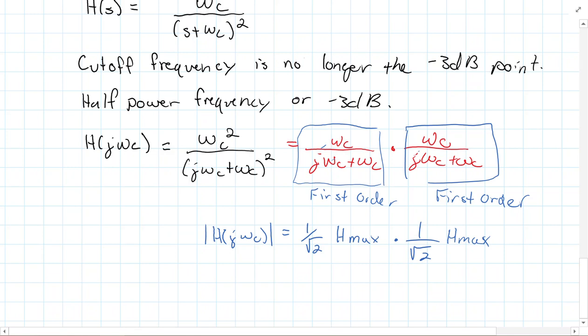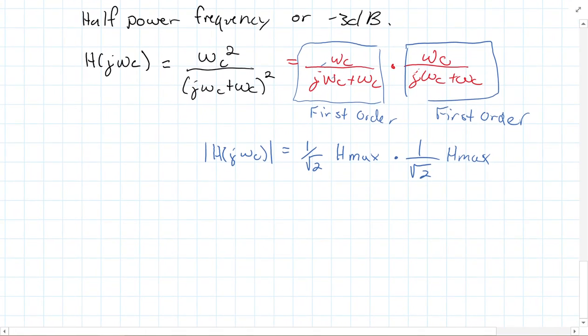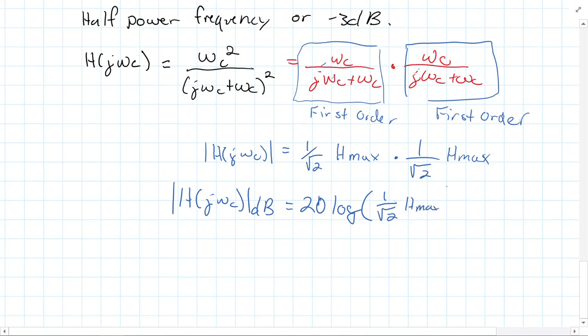But then, if I look at this in decibels, and I like doing this just because it reminds us of some log properties, you're going to have 20 log of 1 over the square root of 2 H max times 1 over the square root of 2 H max.